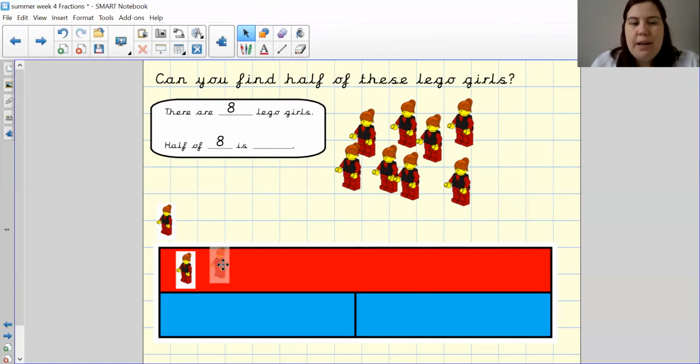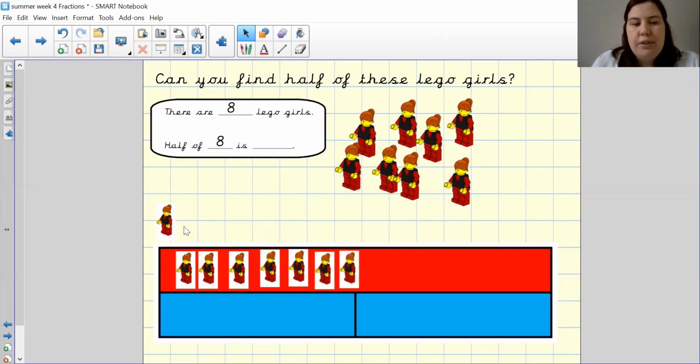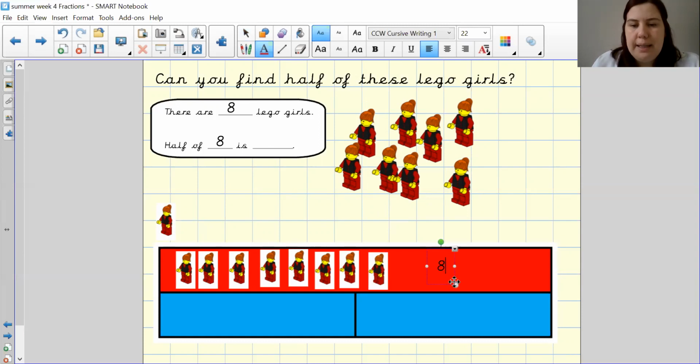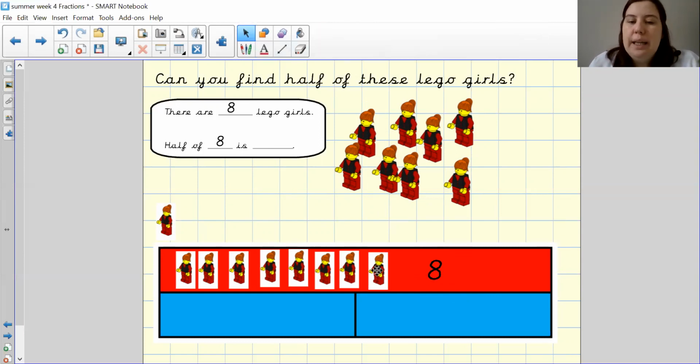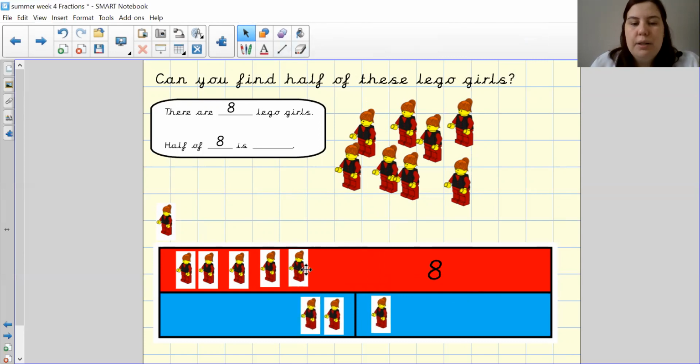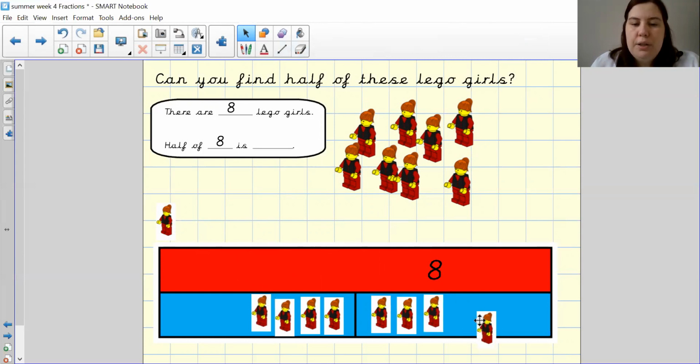I'm going to put 8 in first, 2 into my whole, 3, 4, 5, 6, 7, 8. And I'm also going to write the number 8 today, which will make it a little bit clearer for us. I am now going to share them equally into half. 1, 2, 1, 2, 1, 2, 1, 2.